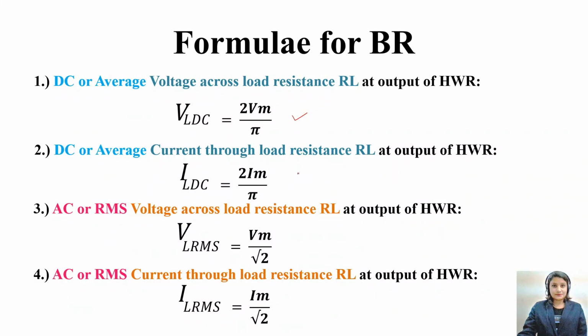If you see these formulas, this is very much similar to your full wave rectifier with center tap transformer. Why do the formulas in both circuits remain the same? Because in the center tap transformer full wave rectifier and the bridge rectifier, their waveform is the same, and that is why their formulas are the same, right?